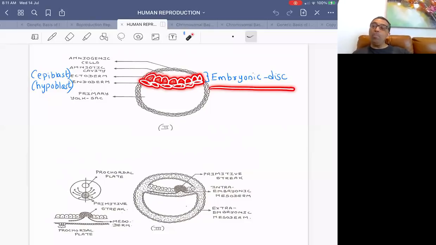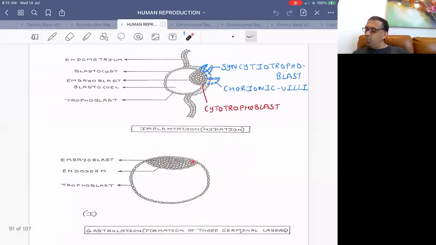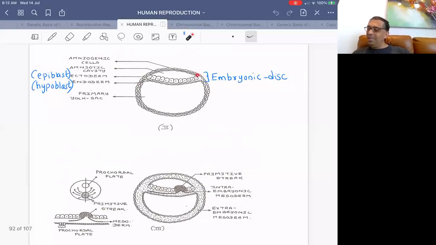The entire baby will develop from this embryonic disc. So the embryoblast, from which the whole baby is made, has become ectoderm, has become endoderm, and now has formed this disc called the embryonic disc.